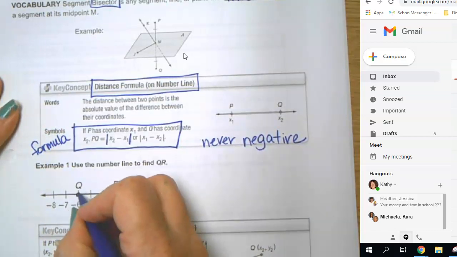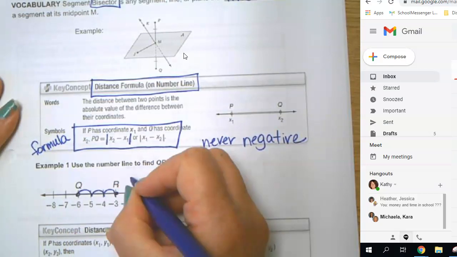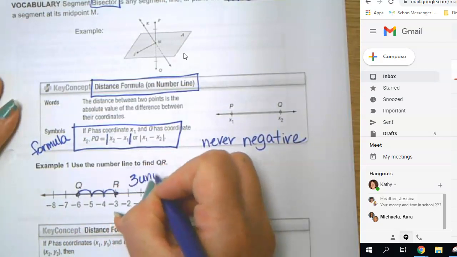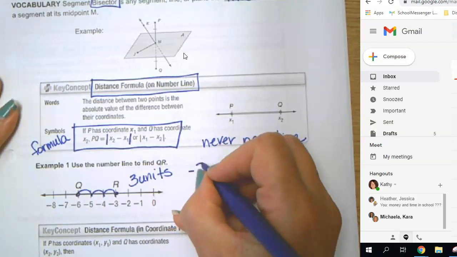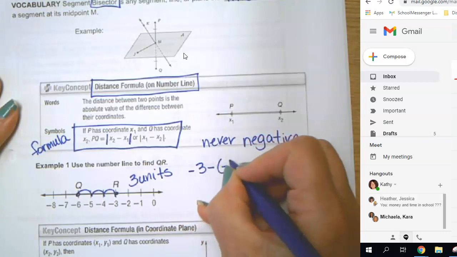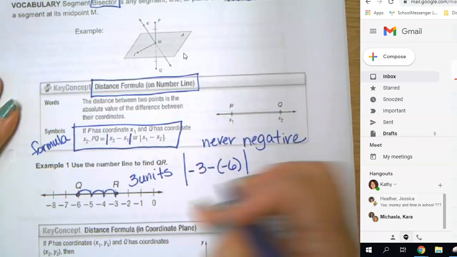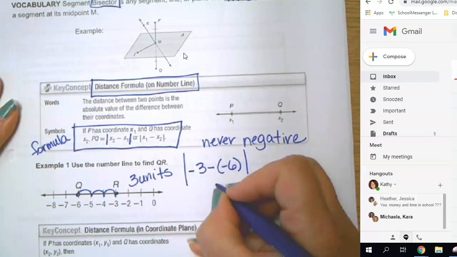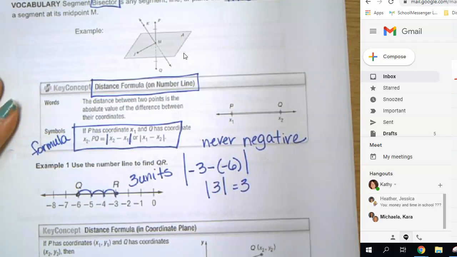So here, from here to here, I could look at my distance and say, oh, that's 3 units. Or I could use the formula and say -3 minus -6, and then take the absolute value of that. So -3 plus 6 is 3. The absolute value of 3 is 3.